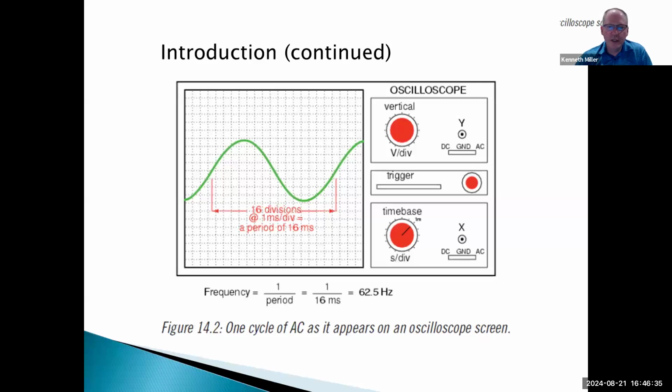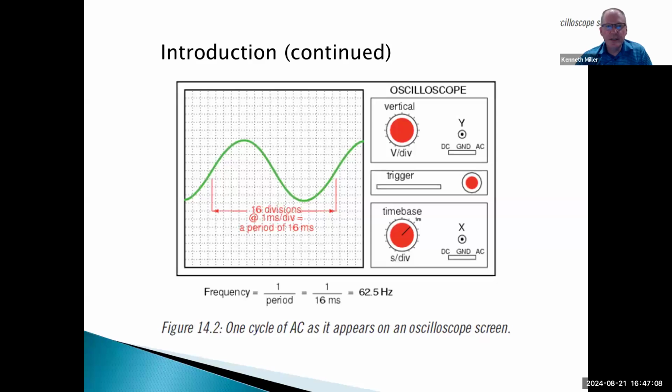And one of the things that we're going to become familiar with is the calculation for determining the frequency: you just take the inverse of the time period, okay? So for example, here we have 16 divisions and we're on 1 millisecond per division. So it goes from here to here or any place that's equidistant on the sine wave.